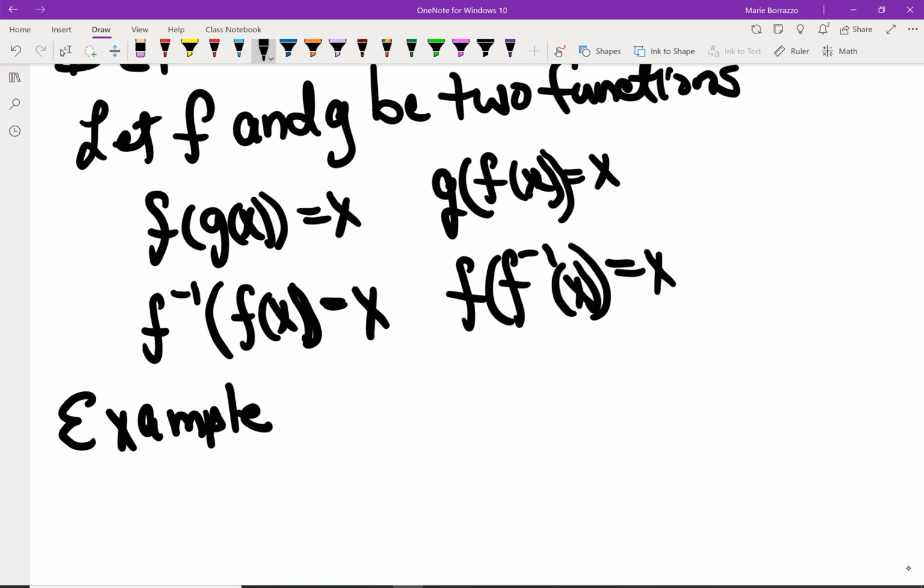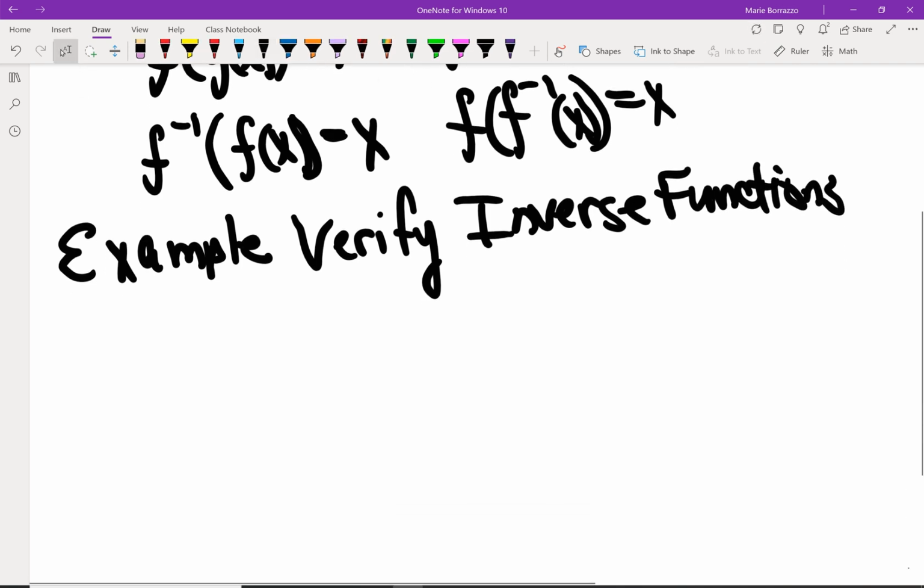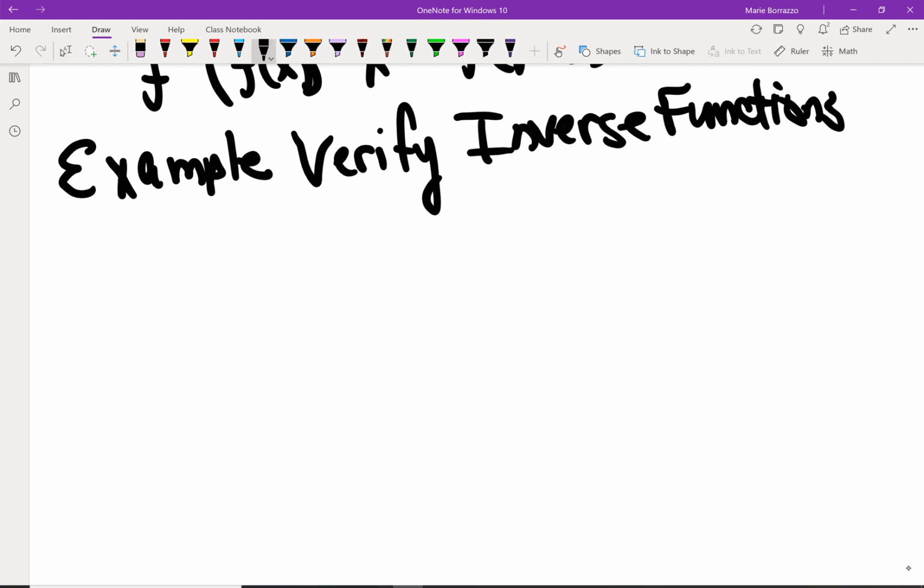In example 1, they're asking you to verify inverse functions. They're starting by giving us f of x as a function equal to 3x plus 2.